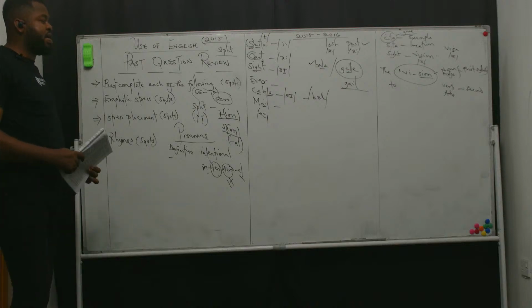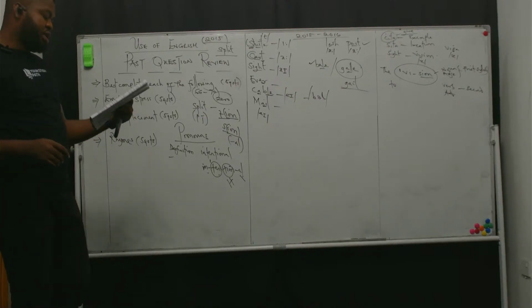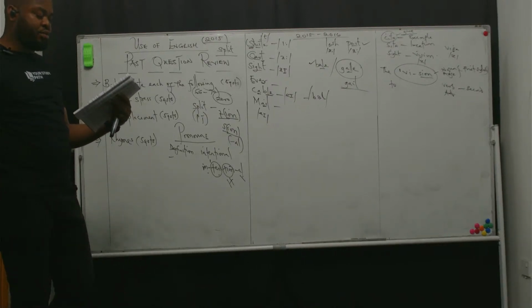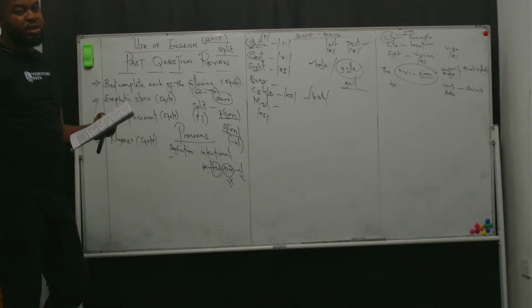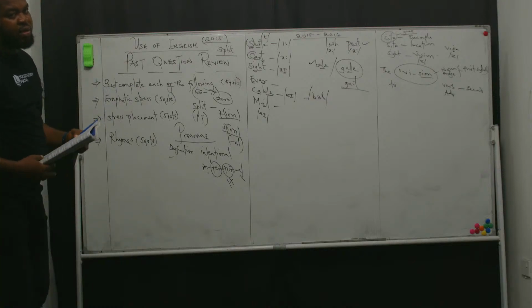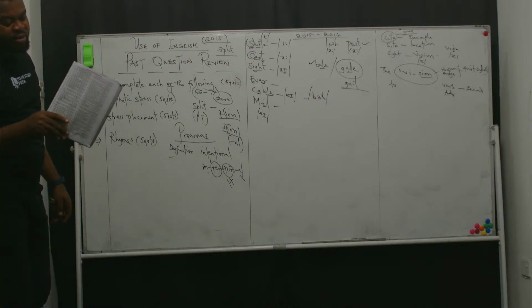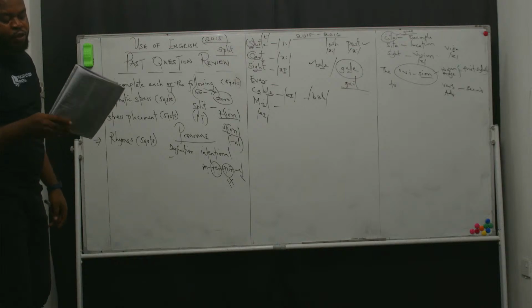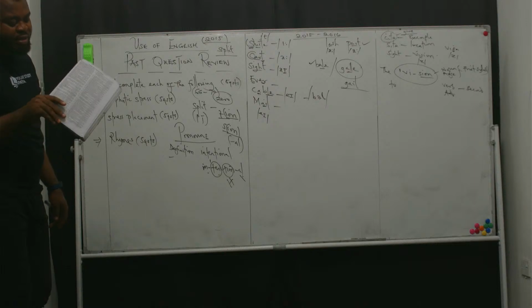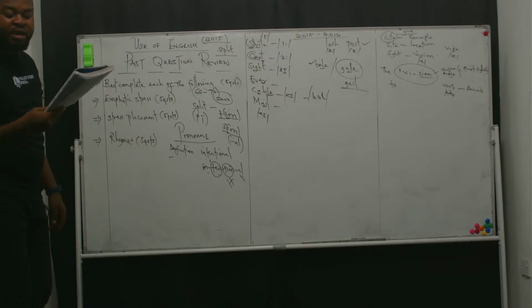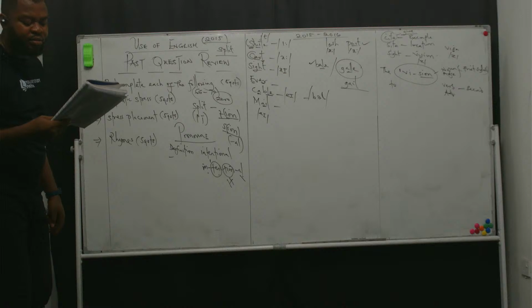But what I also say is go and study consonants and vowels too. I think that's the other part. Because you see questions like choose the option that has the same vowel sound as the one represented by the letter or letters underlined. You see?